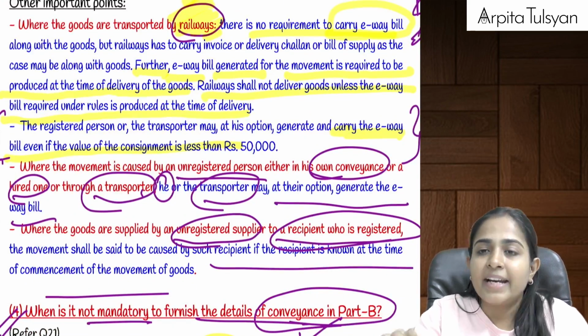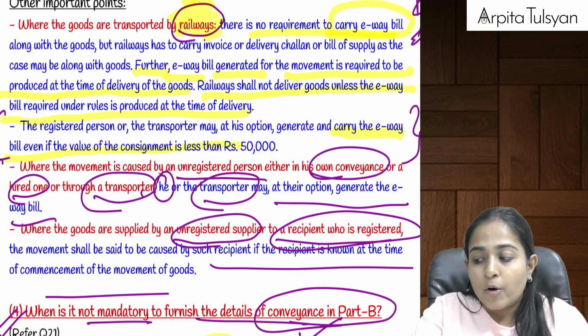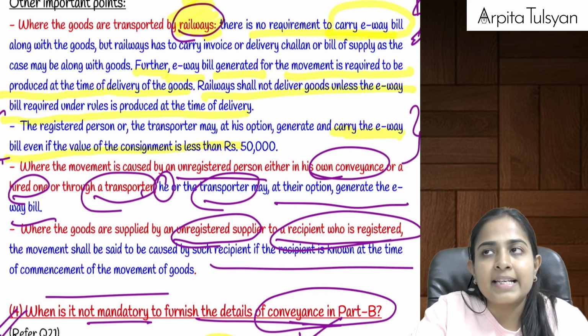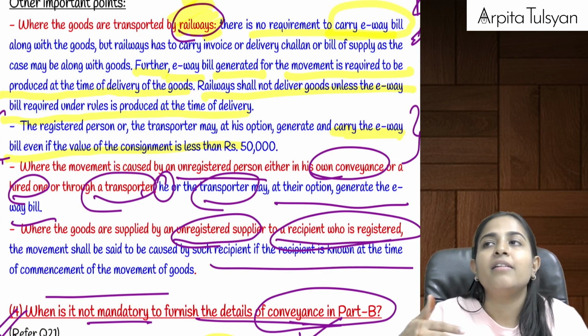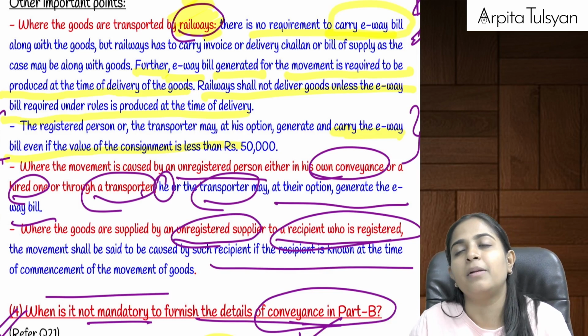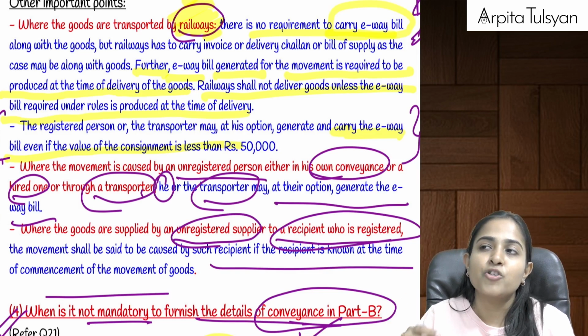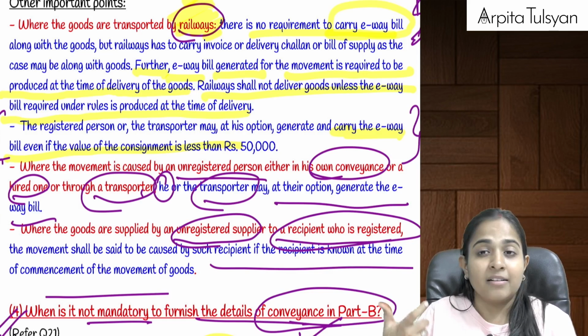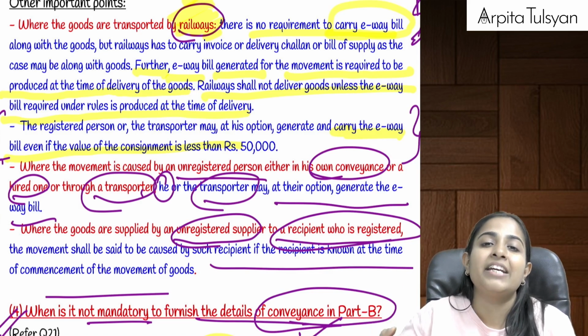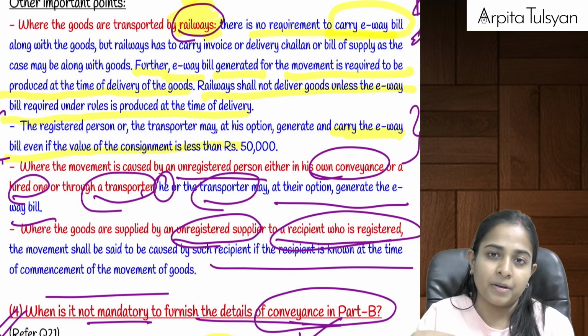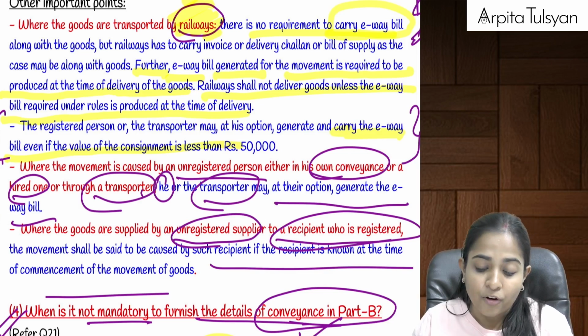But one extra point for railways. Normally, once the e-way bill is generated, the transporter should carry the e-way bill with him during transportation. But there is an exception in case of railways.